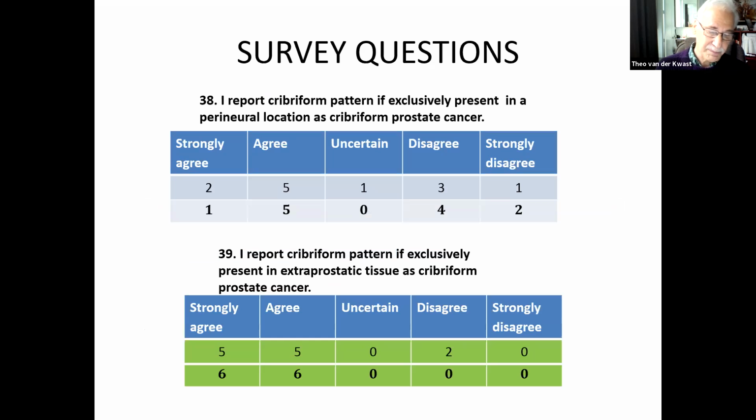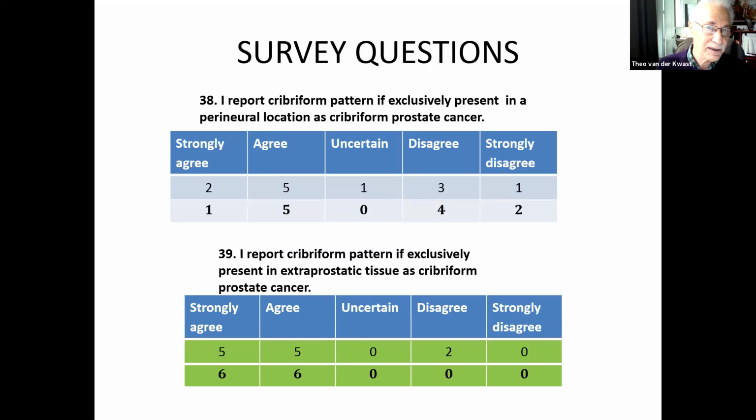We also asked the panel whether they would report cribriform pattern if exclusively present in a perineural location, particularly in the biopsies, because sometimes you see only the cribriform pattern along a nerve and nowhere else. But again, no consensus was obtained among the panelists.